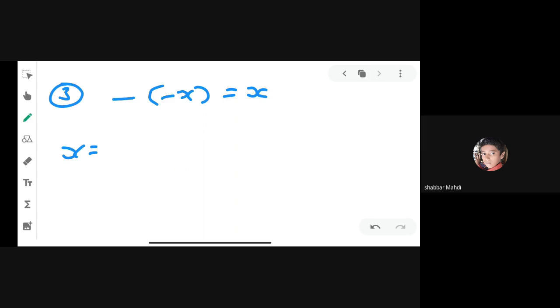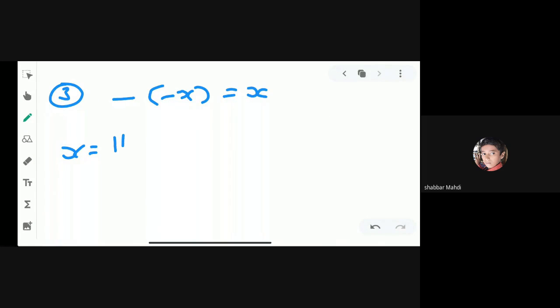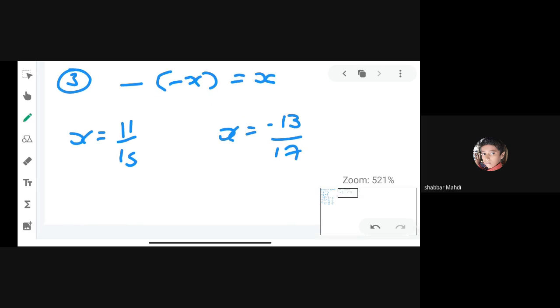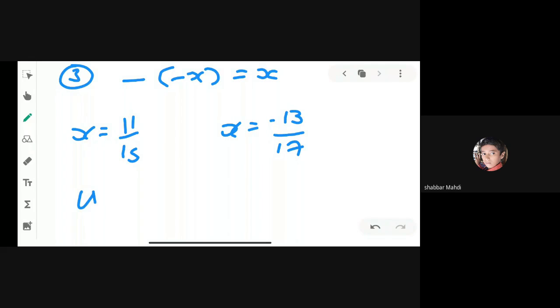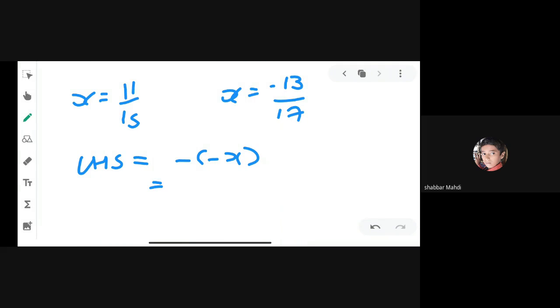First we are taking the left hand side, which is equal to minus of minus x. We are substituting the value of x.